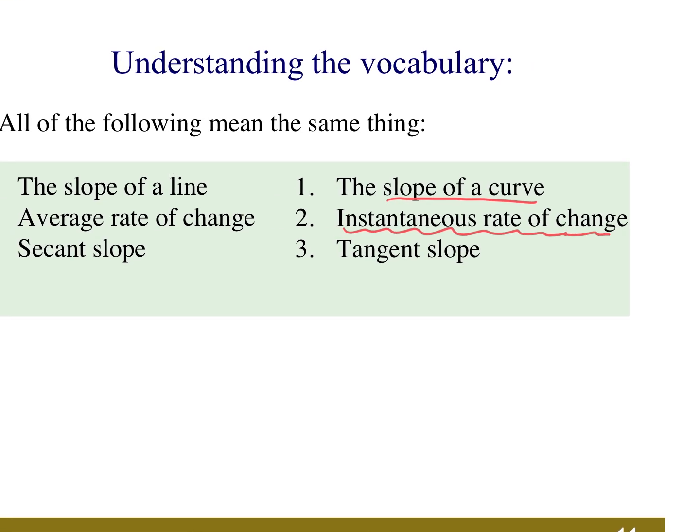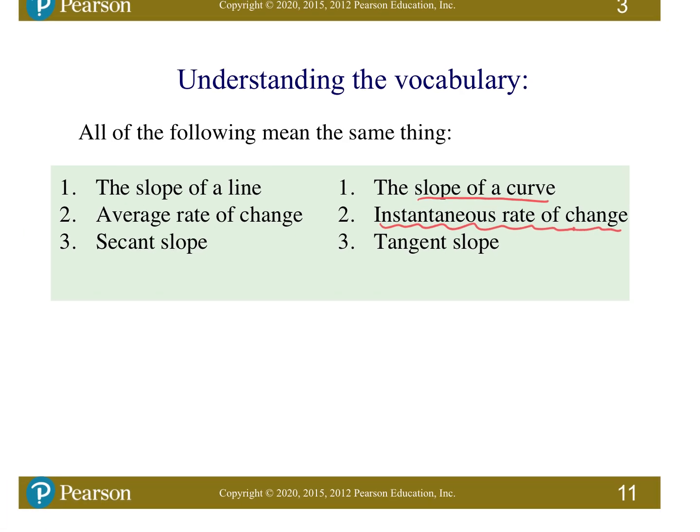Knowing that those two are synonymous, that there's no difference in the process of how you do it, it's just the language of asking that is different. You should be very familiar with the differences in how to ask it and what they actually mean. The slope of a line is the same as the average rate of change, which is the same as the secant slope, and that is f of b minus f of a over b minus a.